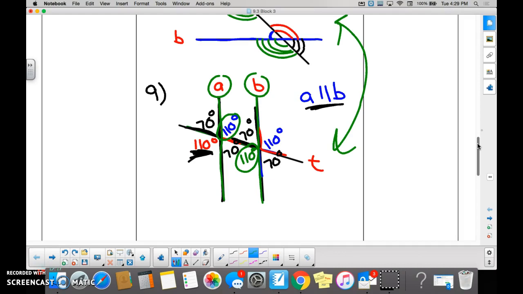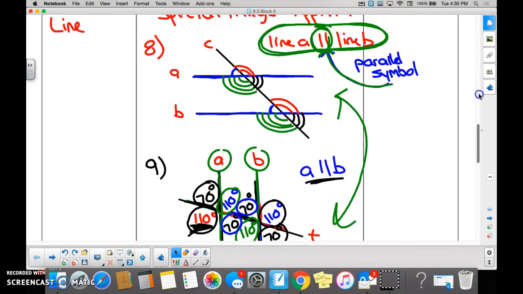So this is just another way of figuring out what angles are equal to what, or another reason to explain why they are what they are as far as their measurements. 70 and 70, alternate interior angles are congruent, the same. 70 and 70, alternate exterior angles, they're outside of the parallel lines A and B, and they're alternating the transversal. They're congruent. 110, 110, alternate exterior angles.